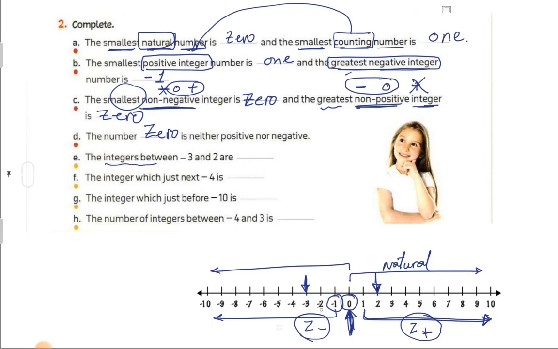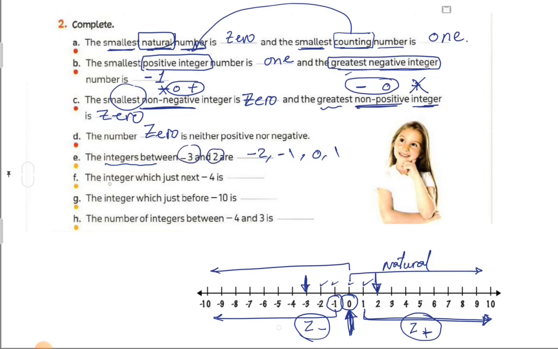I have negative 2, negative 1, 0, 1, but 2, no. So the integers between negative 3 and 2 are negative 2, negative 1, 0, and 1.